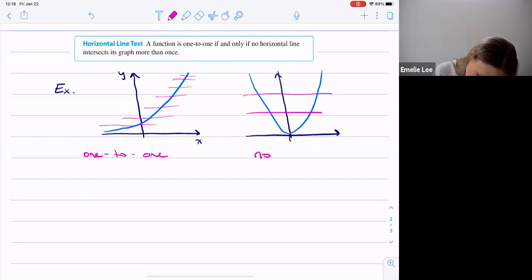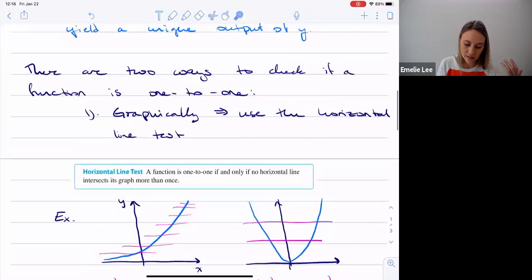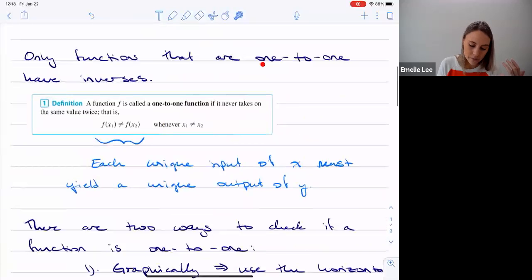So this is not 1 to 1. Meaning it's not going to have an inverse. It's still a function, right? So we've got the vertical line test, which is checking for a function, versus the horizontal line test, which is checking for 1 to 1, which in the end, if it's 1 to 1, it has an inverse.